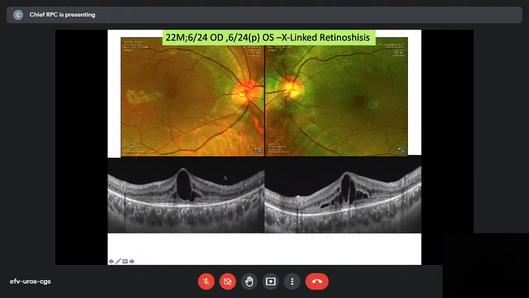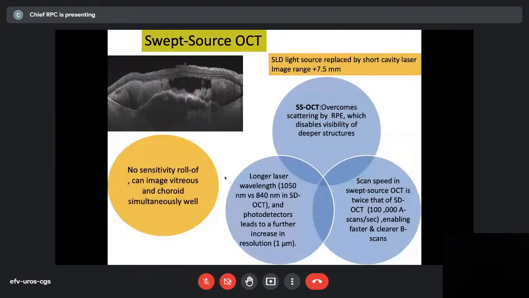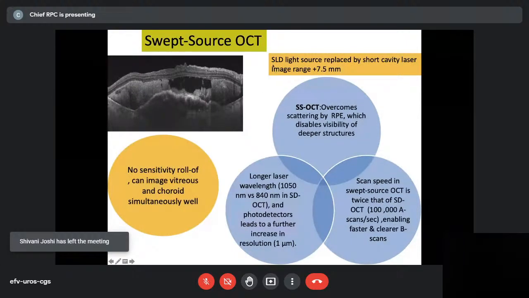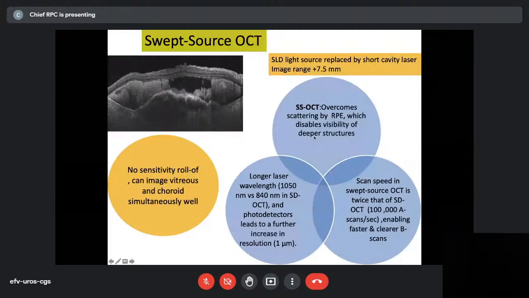It's an inherited condition. I just want to tell you that in spectral domain OCT, the light source was superluminescent diodes, and that's been replaced by a laser, a short cavity laser. The advantage of swept-source OCT is that it overcomes the scattering by the RPE, so you can go into the choroid. So swept-source OCT images the choroid very well.